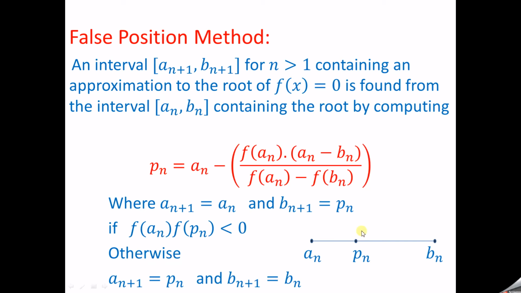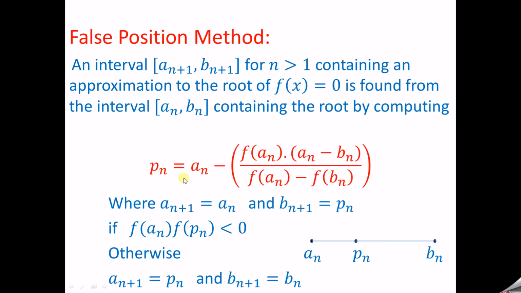Otherwise, the root lies in this interval. Therefore, the new lower limit will be p_n, so a_{n+1} will be p_n and b_{n+1} is equal to b_n. So the new upper limit is b_n, and the new lower limit will be p_n if this is not satisfied.